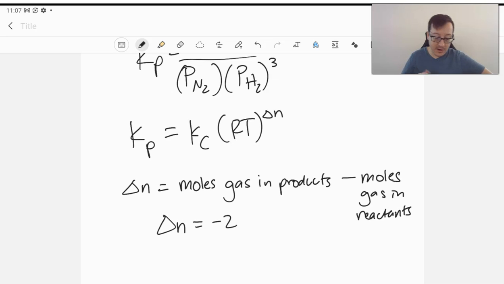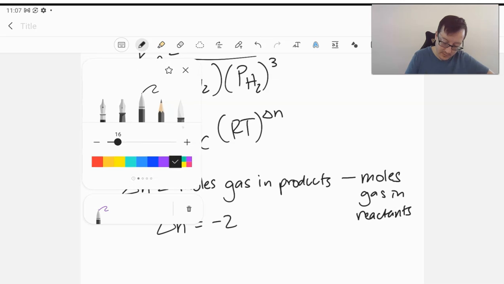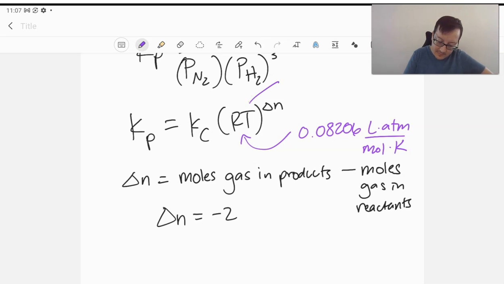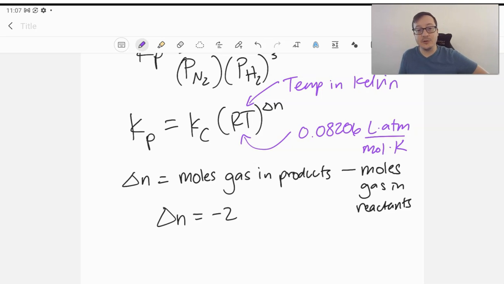So R is our gas constant, 0.08206 liter atmosphere per mole Kelvin. And then T, of course, is temp in Kelvin. And so you can use this equation to convert between Kp and Kc.